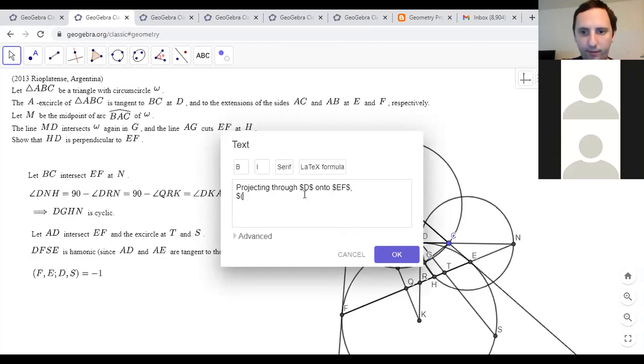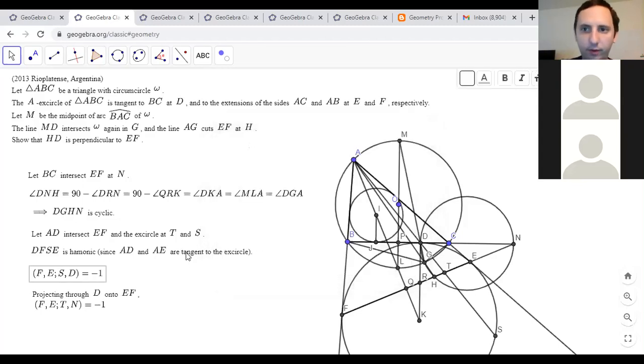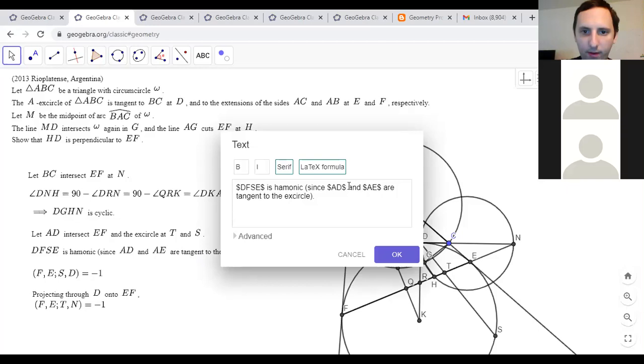We then have FE, NT is -1. Actually, I think I switched the letters. So that's FETN. Then this should be FESD. Yes, you're right. AF is tangent. All right.